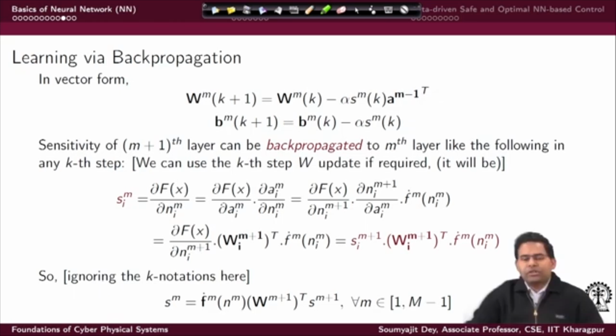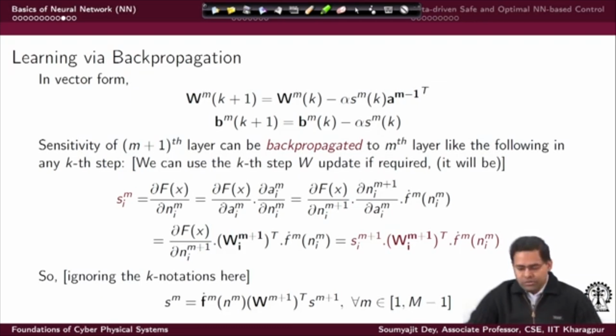But the next question that comes is, I am doing this, but will there be any change again? Suppose I have already applied this. Now how, in the next step, is W or B going to change?